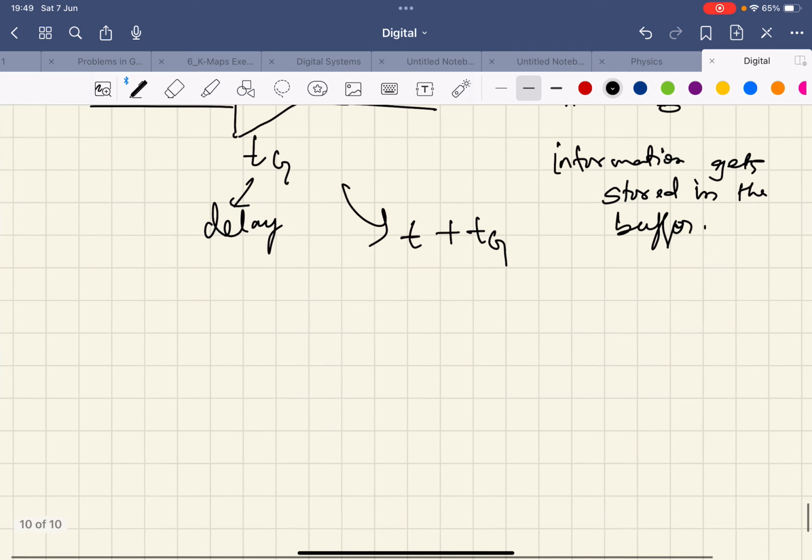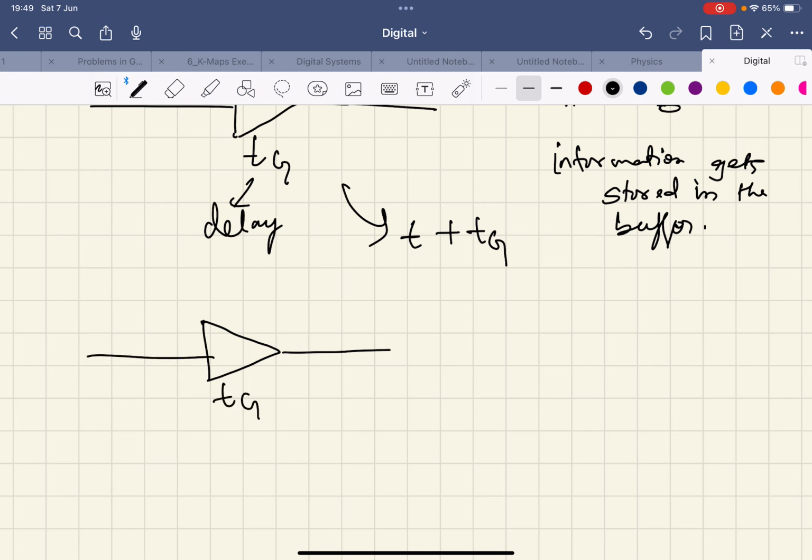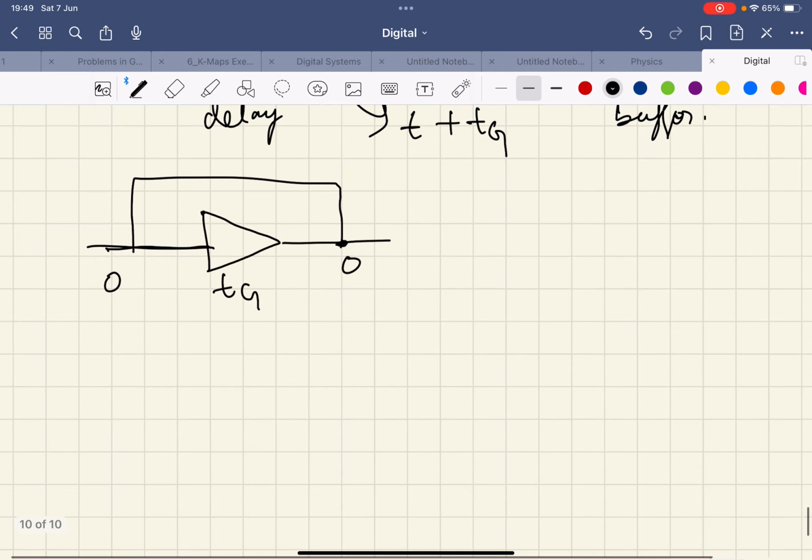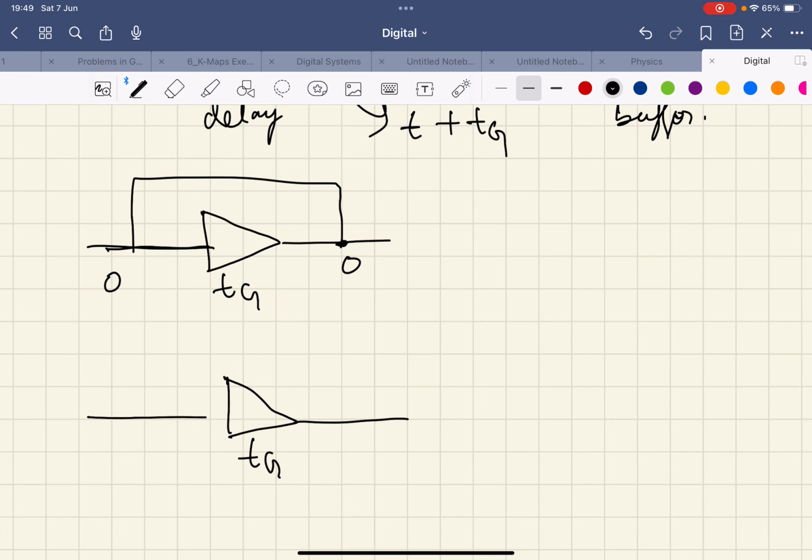Yes. Okay, if we have something like this tg, if we have a feedback, let's say we gave an input 0 and we got a feedback, this will be 0. Let me draw this, just to know about it, it is not that important. We give an input, this is a feedback, the input is 1, so the output is 1.